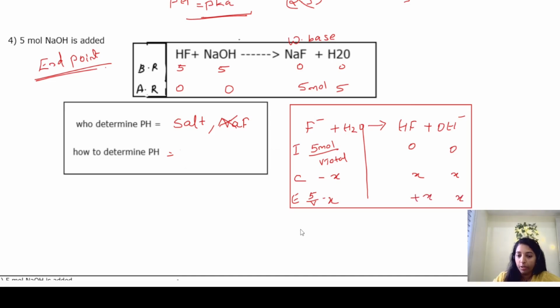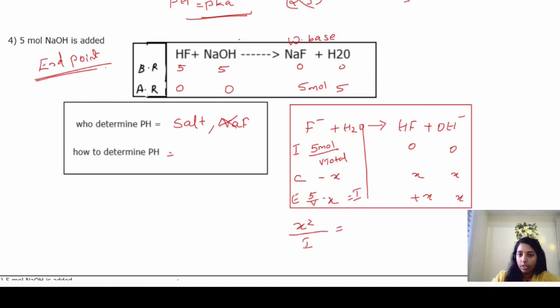So what will be the result of our ICE table? x squared over 5 over V total. I'm just taking it as the initial concentration I, because minus x we usually omit, right? So 5 over V total will be just the initial concentration, like that I'm taking I.